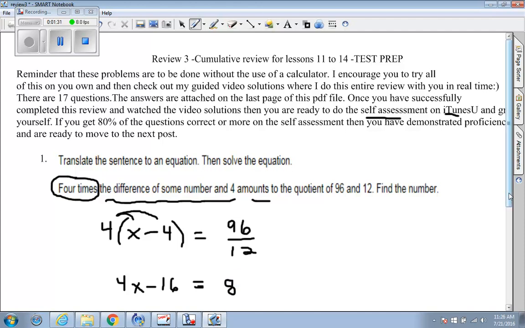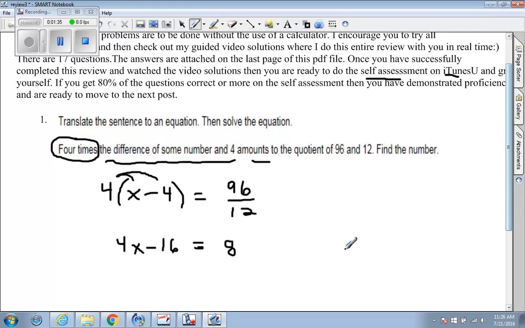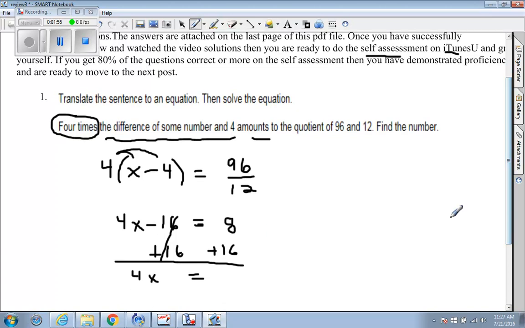And remember, we're doing this entire cumulative review without a calculator. Keep solving. So by now you know you're trying to isolate the variable x, so we're going to add 16. So I'm going to go through this review as if you're fairly comfortable. Not going to add a lot of commentary the way I did in the guided notes that are on iTunes.